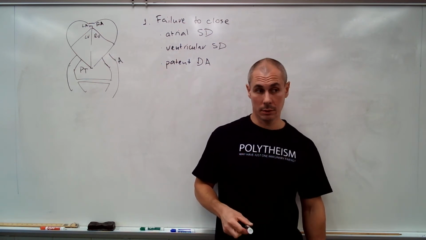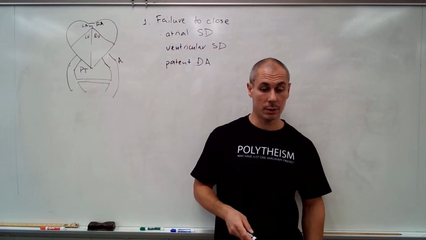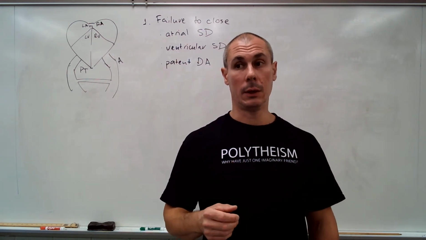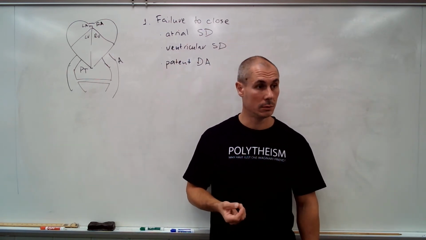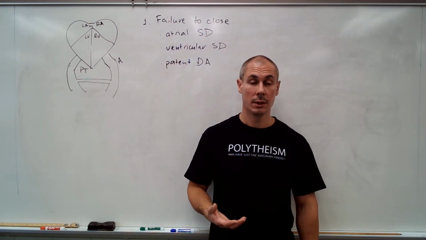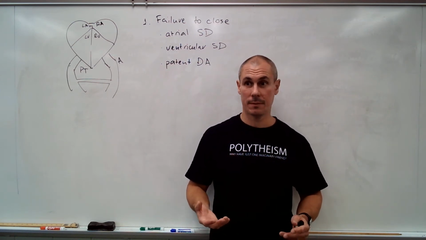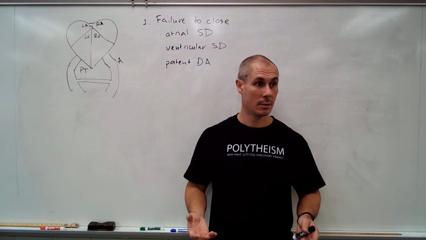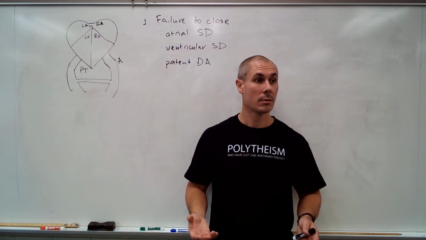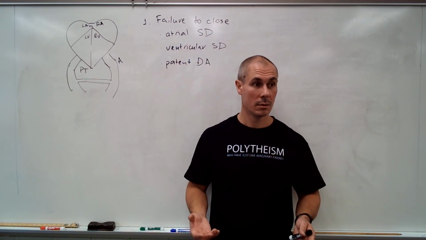Now, from your knowledge of the cardiac cycle and the blood flow through the heart, what's going to happen in terms of oxygenation if that connection is still open? Your blood would be mixed.